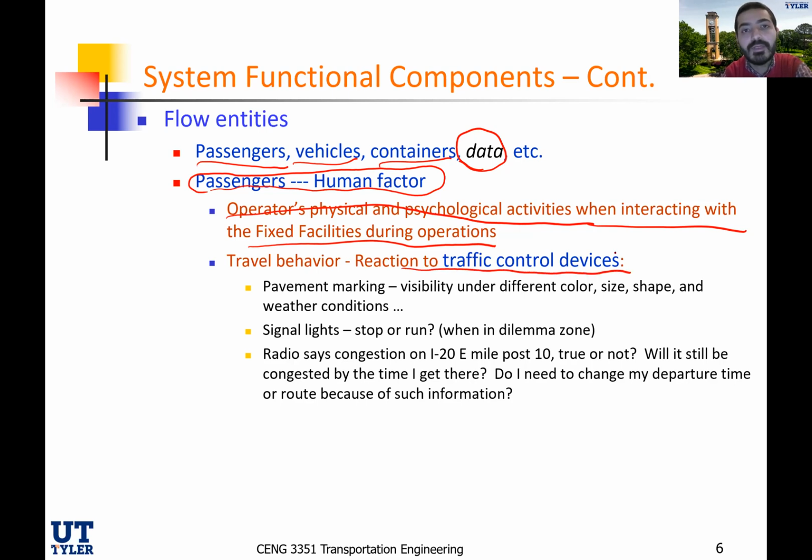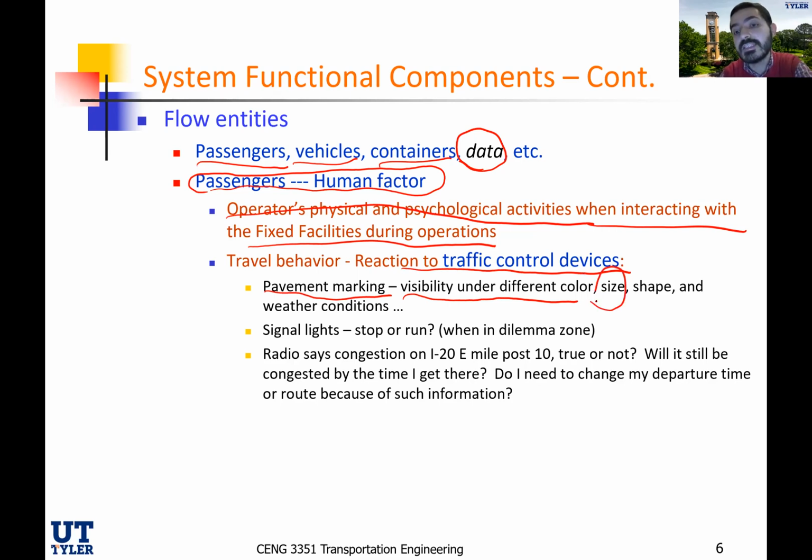So, for example, we are going to end up talking about pavement marking. Pavement marking is a way to communicate between us as traffic engineers and the public. It's all about visibility under different colors. We use white between adjacent lanes in the same direction. We use yellow in the opposite direction.